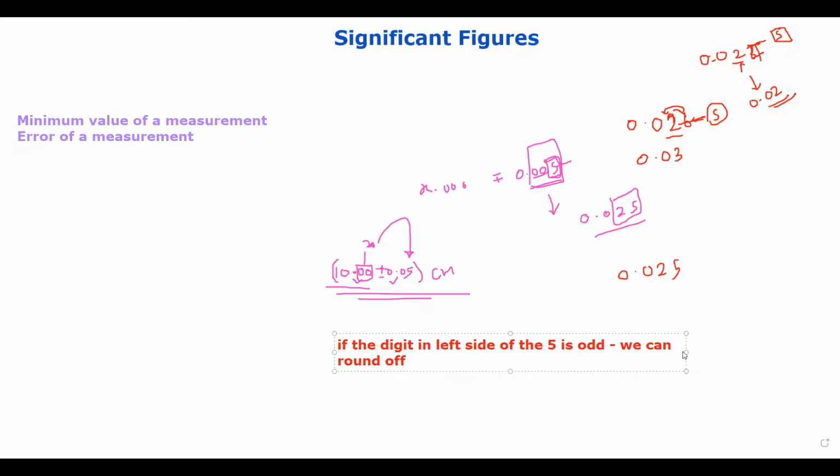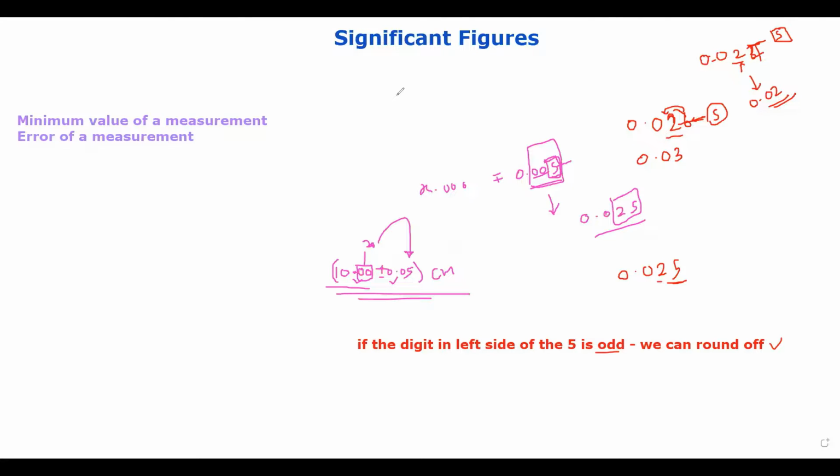What is the first rule? If the digit on the left side of the 5, imagine this 5, the left side means here 2. If the left side one is an odd number, we can round off, doesn't matter.